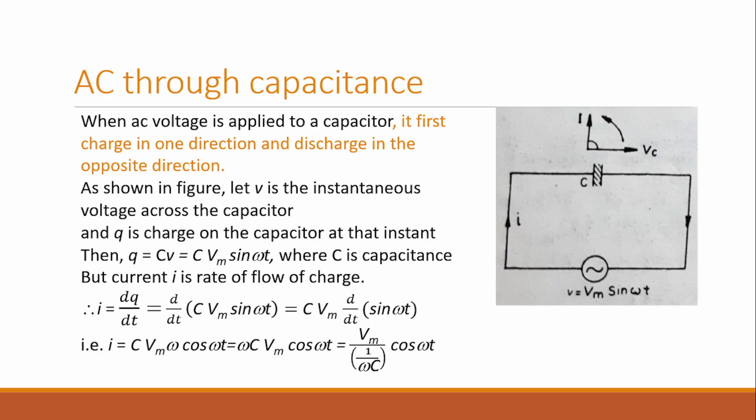Now what is Im? It is Vm upon 1 by omega C, or simply Vm upon XC. It is the maximum value of current through the capacitor. Now here we have obtained a new quantity XC, equal to 1 by omega C, and what is it?